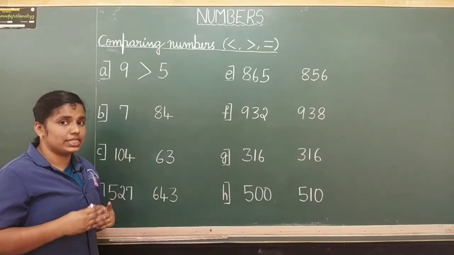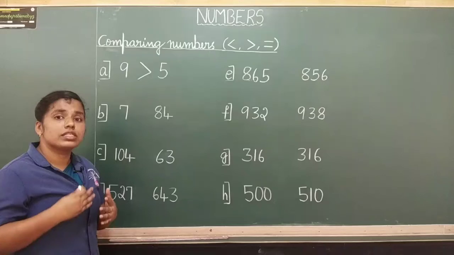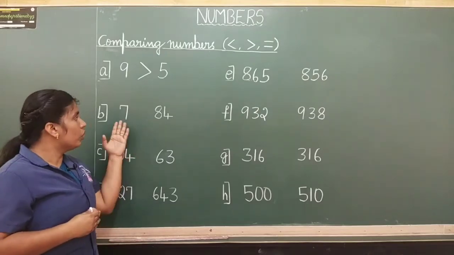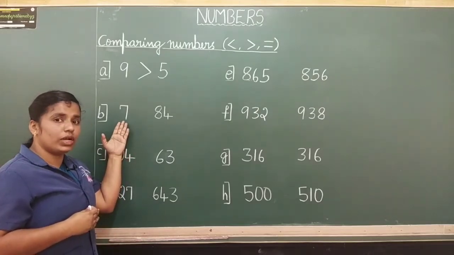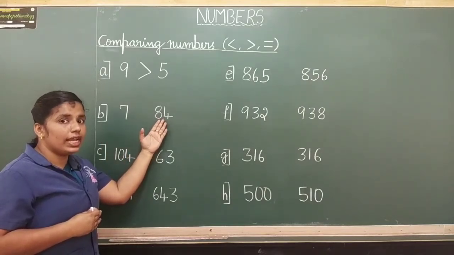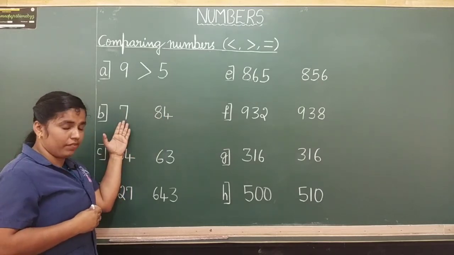We also can say that a one digit number is smaller than a two digit number. Therefore 84 is the greater number. 84 is greater than 7.